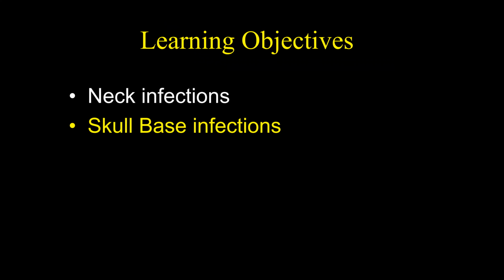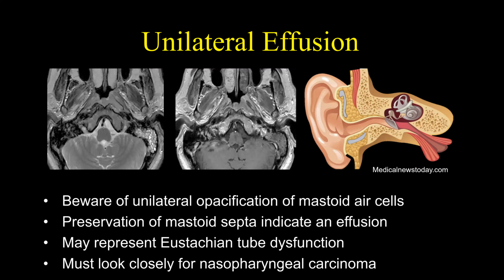So let's move our attention now to skull base infections. One thing that I want to point out is that when you are looking at any type of brain MR or brain CT, whether it's an outpatient, an inpatient, or the emergency room, what I want you to always concentrate on is to always look for unilateral effusions.